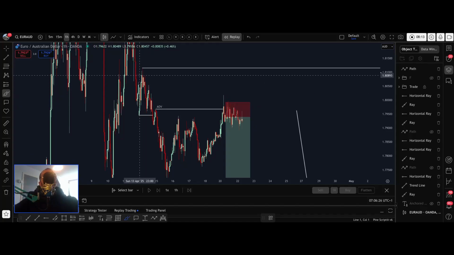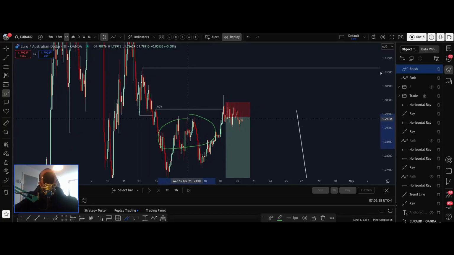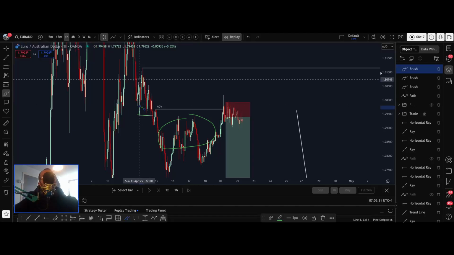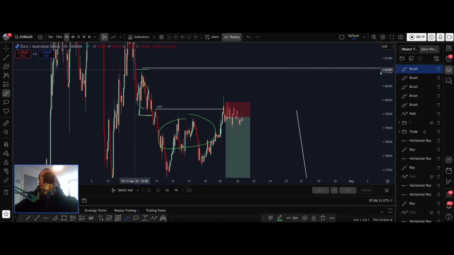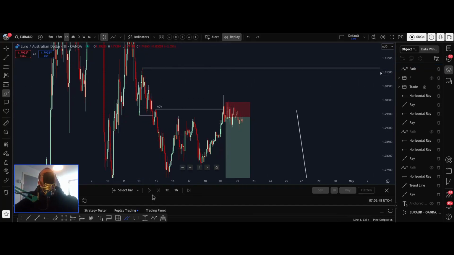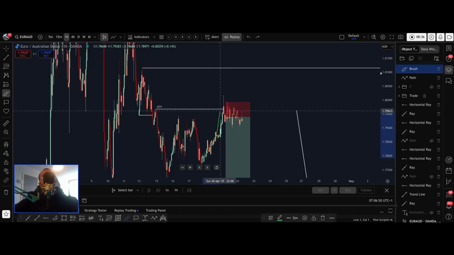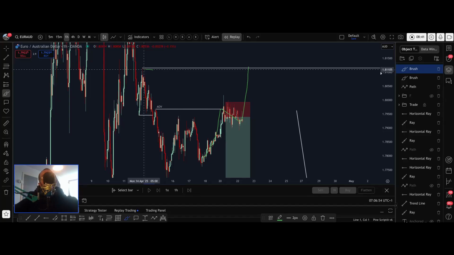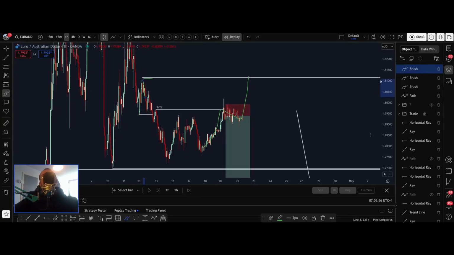The reason I wasn't concerned about this is because all of this formed beneath this structure. So this high is not necessarily relevant, but it could still be relevant, just not necessarily at that moment in time. When we break a correction like this and we correct under it, this becomes largely irrelevant unless we do something like this, which is giving me the indication that this might be a phase 1, phase 2, phase 3 now, to tap into this area where there was a sharp move, which is what we call an M-style pattern.